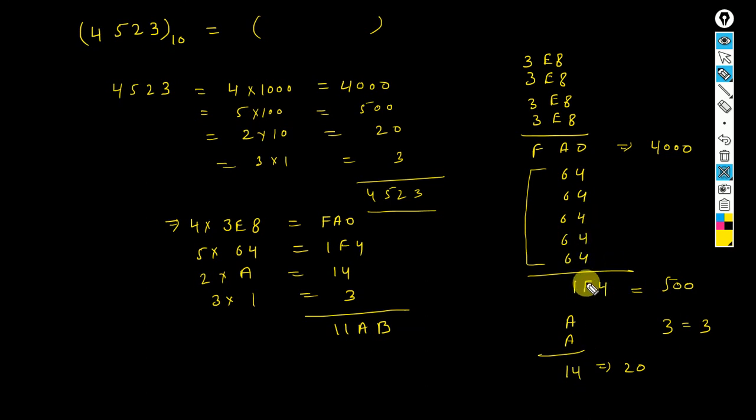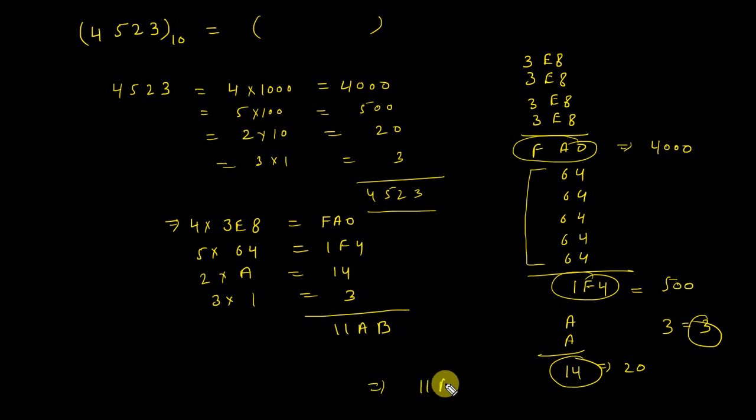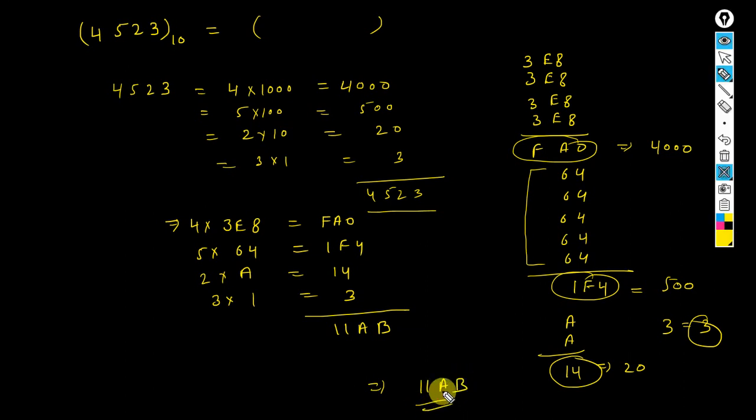Add these values, you get 11AB as the answer. This method is known as repetitive addition.